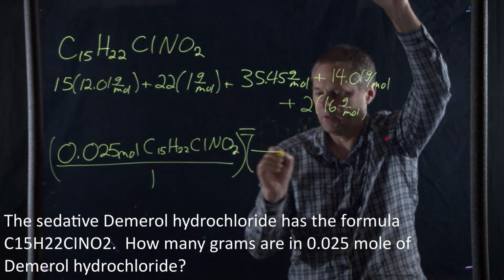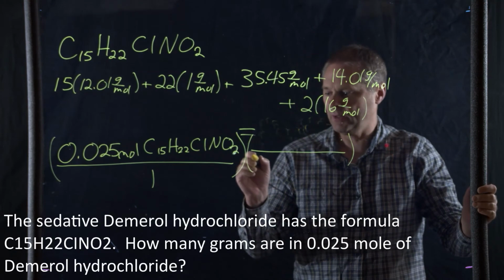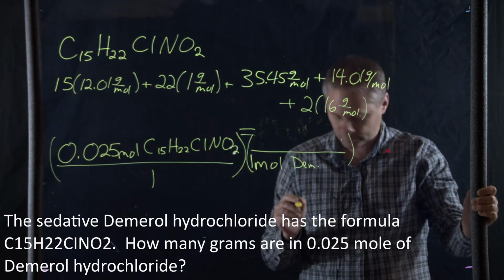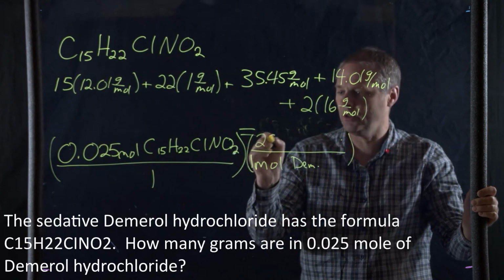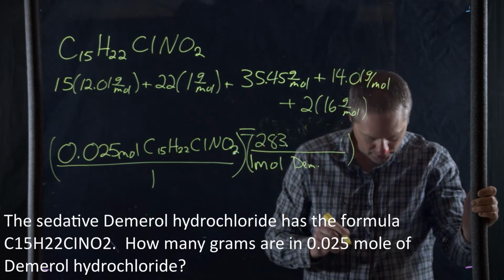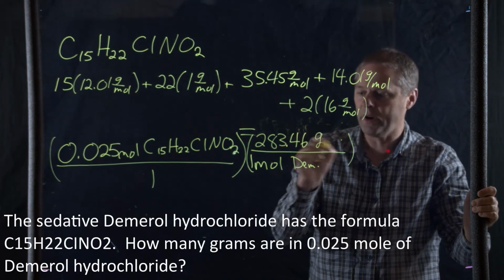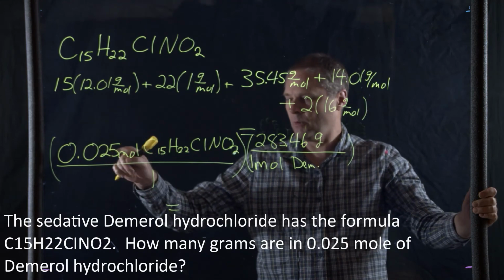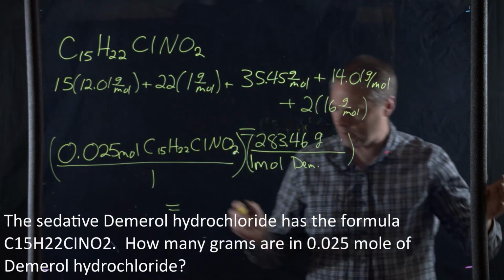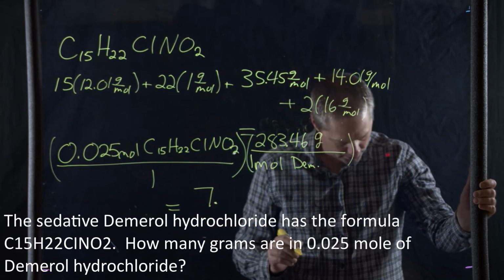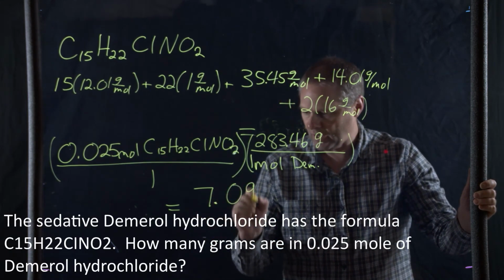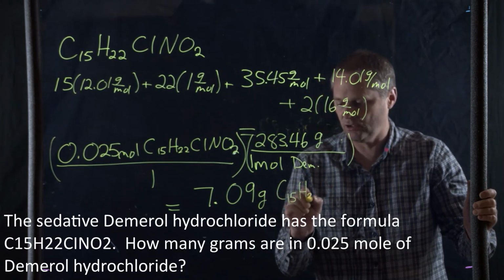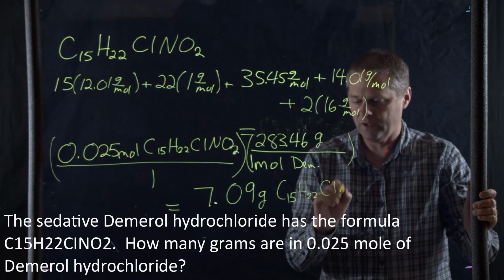And so if we say 1 mole of demerol, I'm not going to write the whole thing, is equal to 283.46 grams. You'll multiply this number by that number, and what you end up getting is 7.09 grams of C15H22ClNO2.